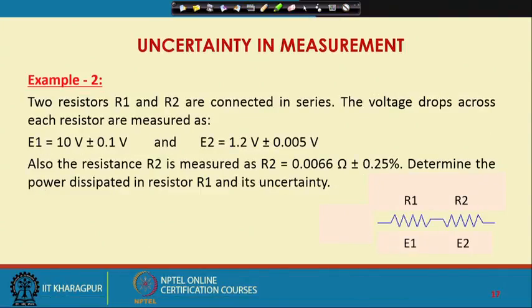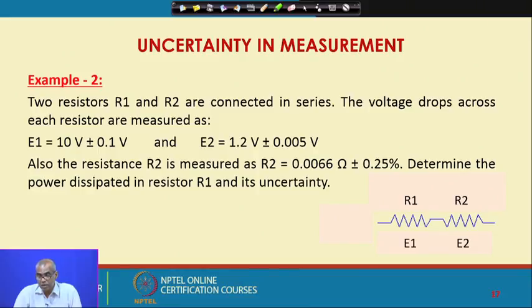So, let us quickly take another example. Two resistors R1 and R2 are connected in series. The voltage drops across each resistor are measured as E1 equal to 10 volt plus minus 0.1 volt and E2 equal to 1.2 volt plus minus 0.005 volt. Also, the resistance R2 is measured as R2 equal to 0.0066 ohm plus minus 0.25%.